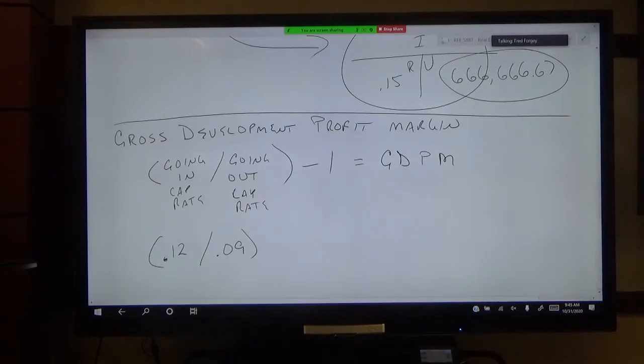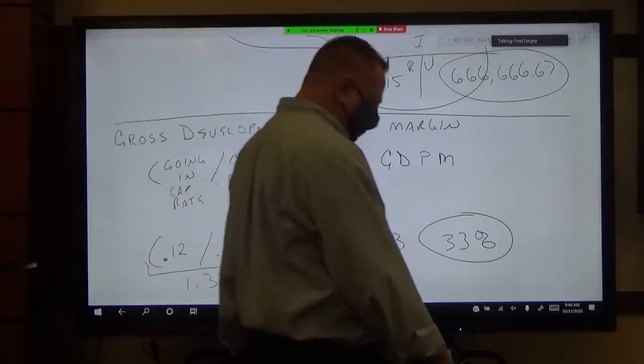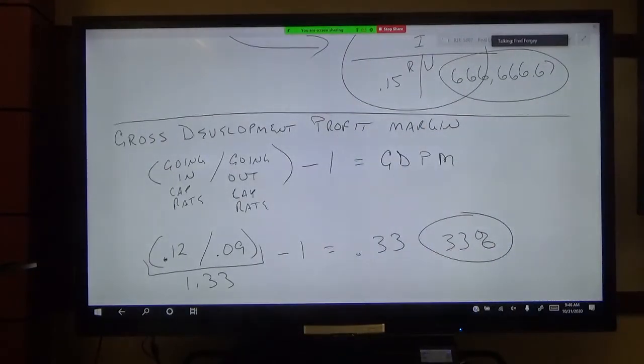So if you just do that, you get 1.33. But the remaining part of the formula is to subtract out 1, so we get 0.33, or 33%. Okay? So what that's actually saying, another way to look at it, is because of that much difference between the cap rates.